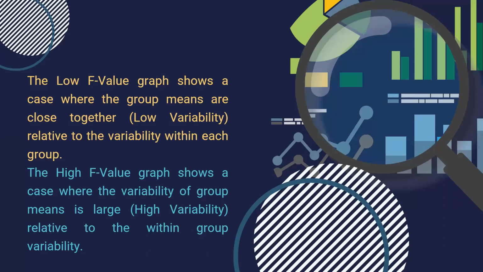The low F value graph shows a case where the group means are close together, having low variability relative to the variability within each group, and the high F value graph shows a case where the variability of group means is large, high variability relative to the within group variability.